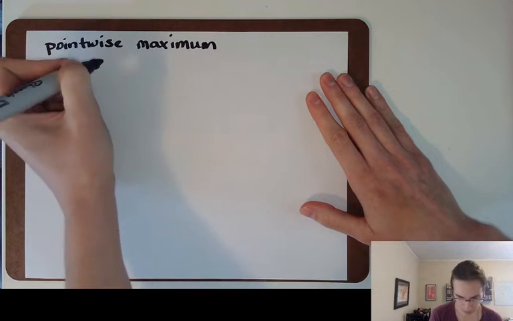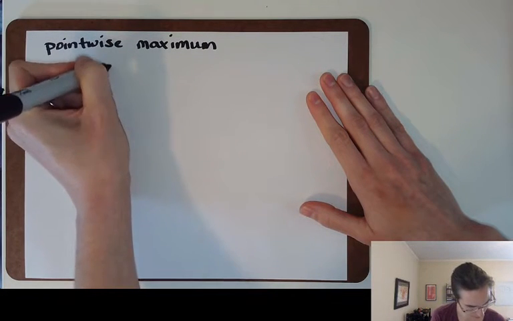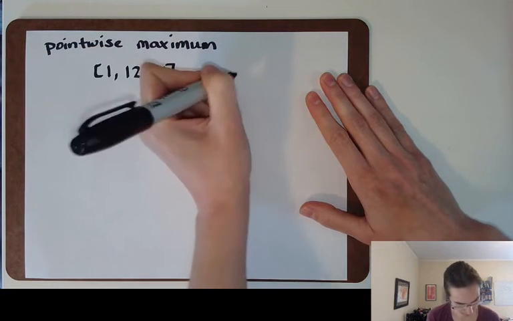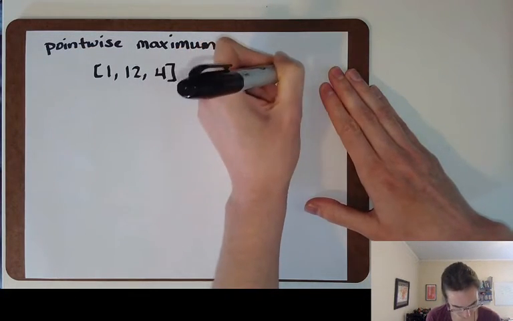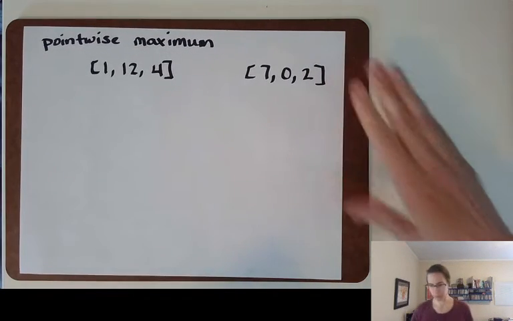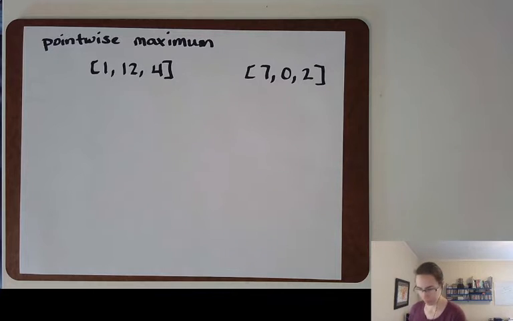So if we have, say, two clocks and one of them is, say, 1, 12, 4, and the other one is, say, 7, 0, 2, what do we get when we take the point-wise maximum of those?